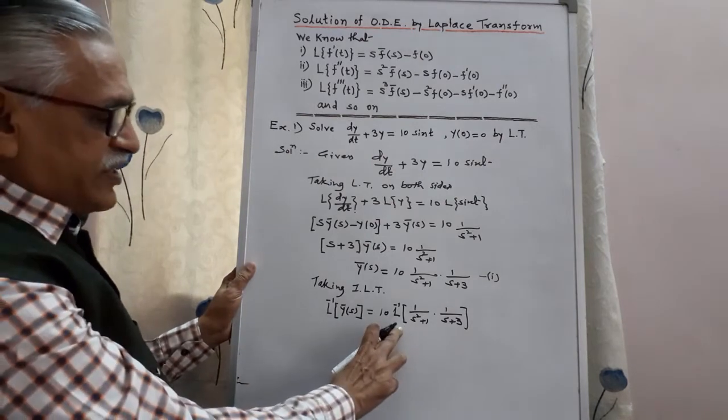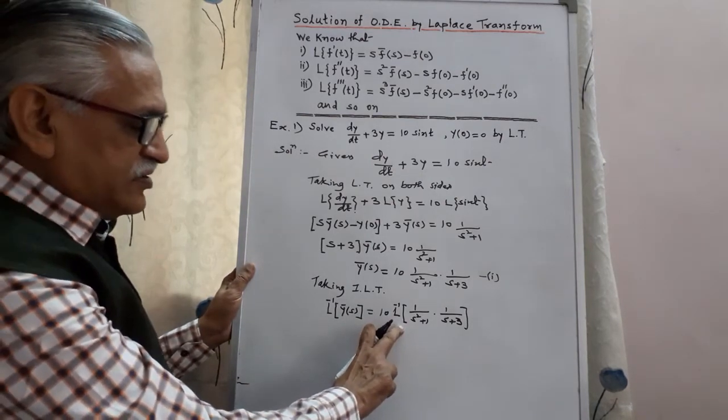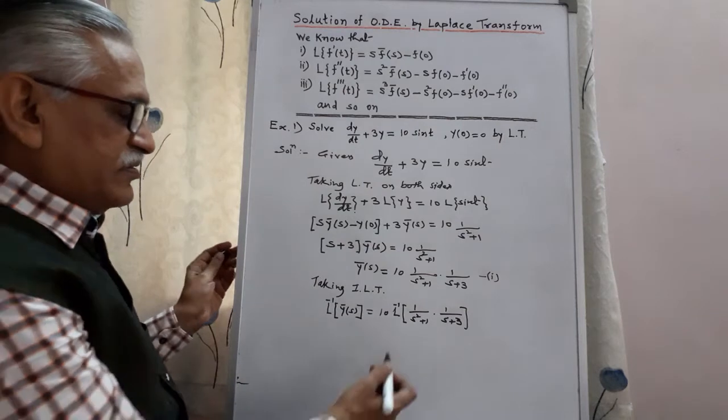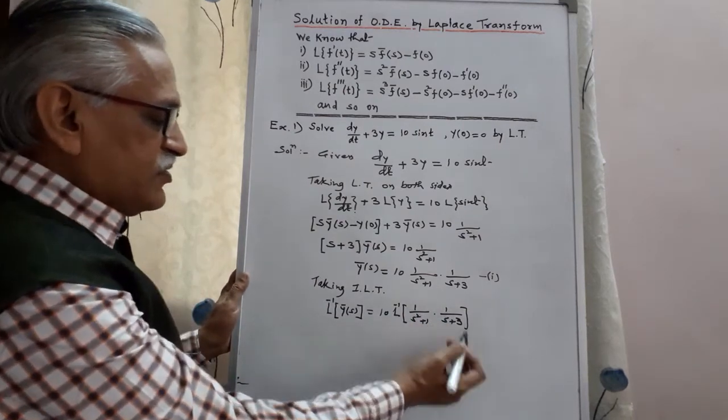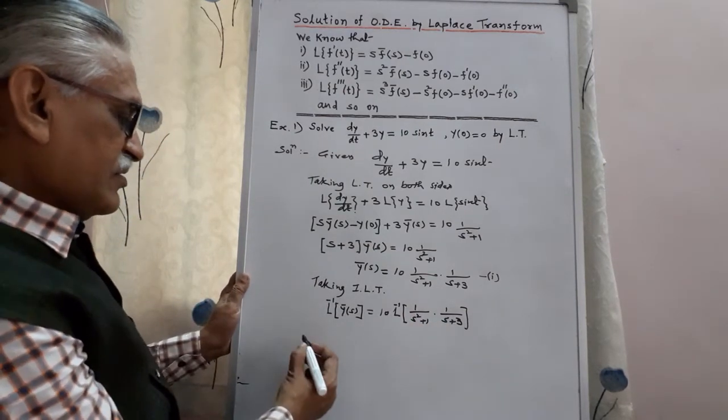We try to determine the inverse by convolution, as here we have a product of two functions of s.